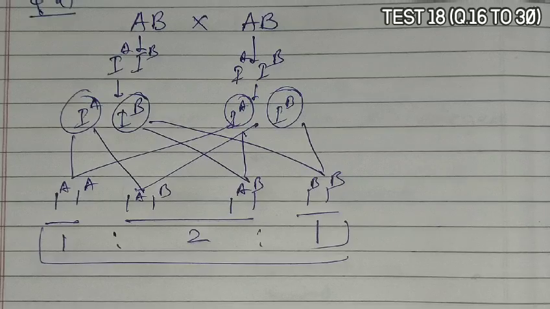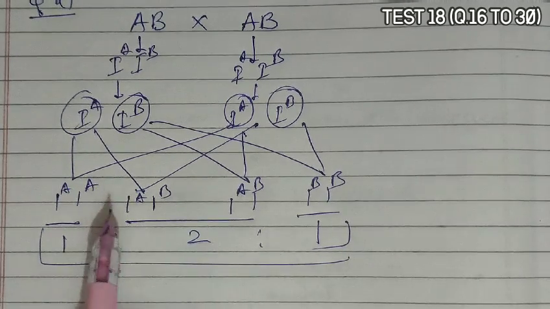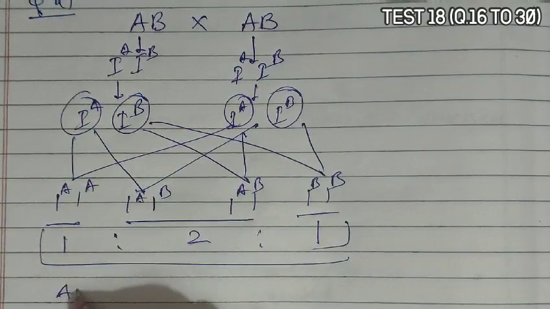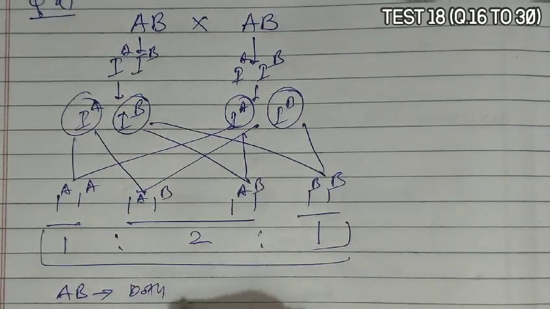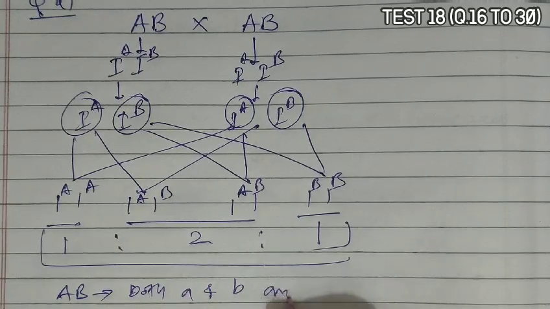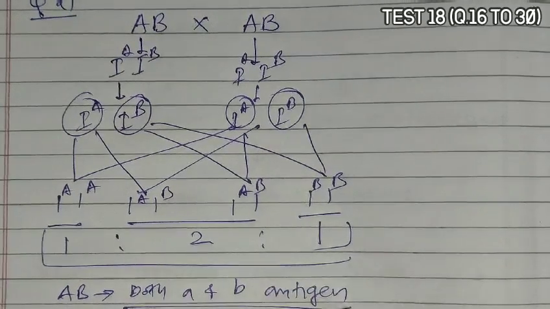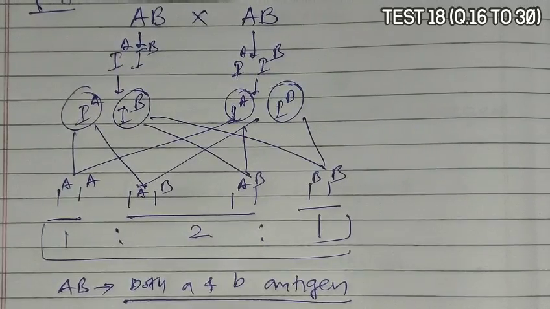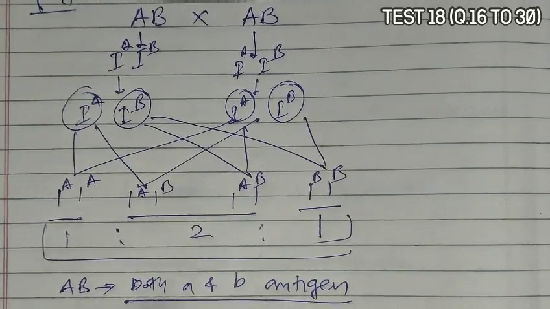Now, the modern technique of protein electrophoresis reveals the presence of both A and B type of proteins in the AB blood group. Yes, this is an example of, if both A and B antigens are produced in the AB blood group, it means both genes are expressing, so there is neither dominance nor recessiveness, and this is known as codominance.